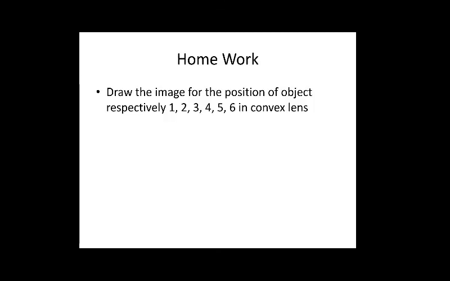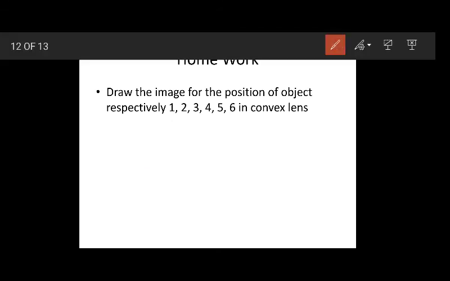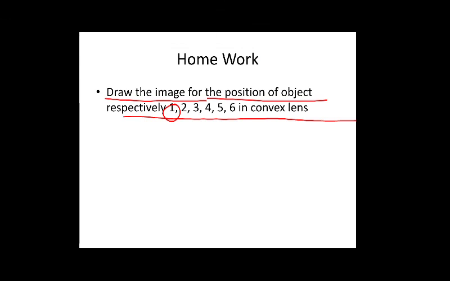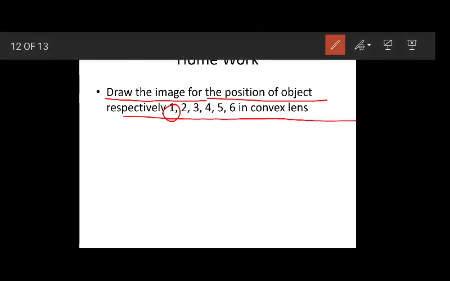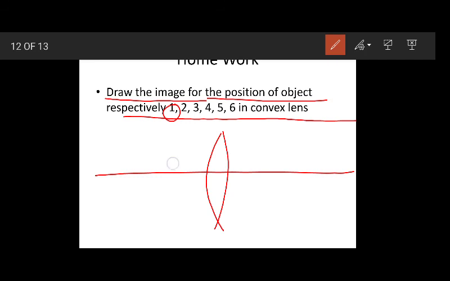Your homework is to draw the image for the position of the object, respectively positions 1, 2, 3, 4, 5, 6 in a convex lens. What is the meaning of this? That means this is the convex lens and it is the focus, 2 focal length.